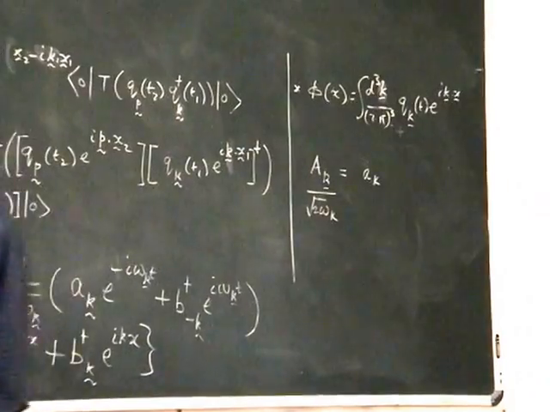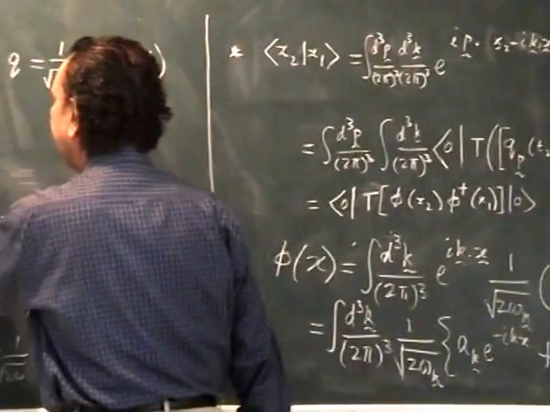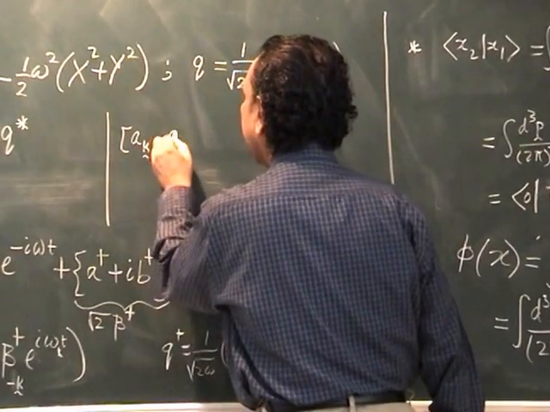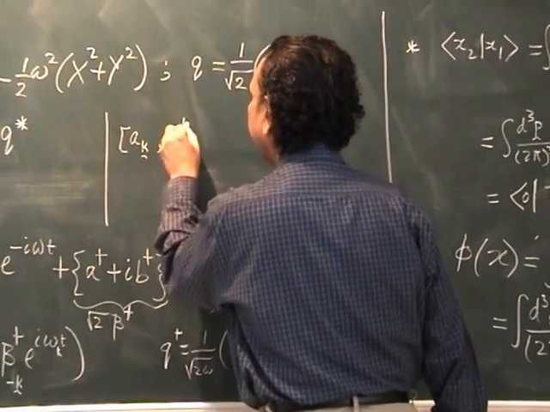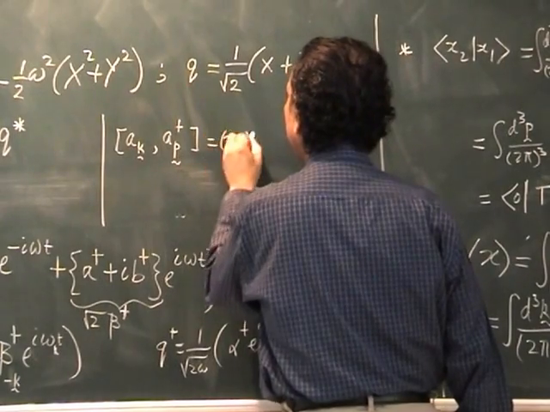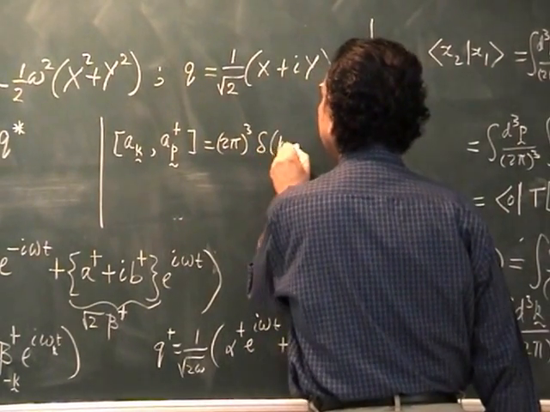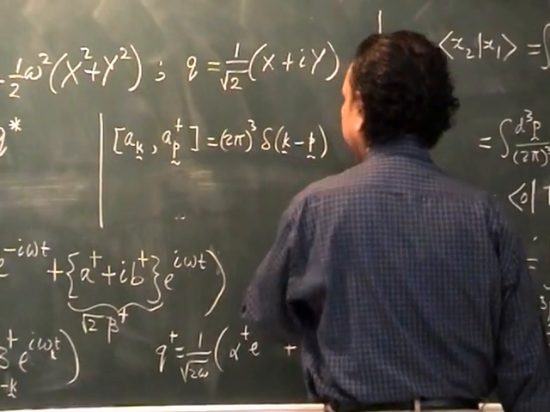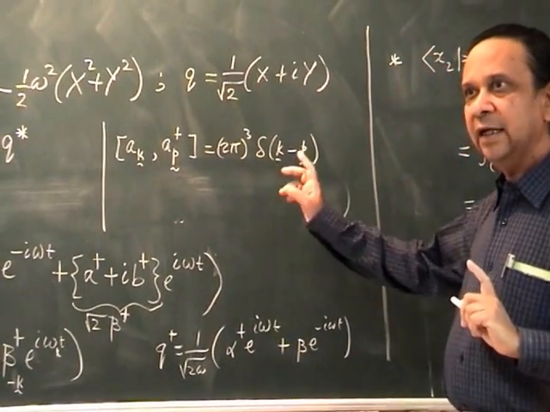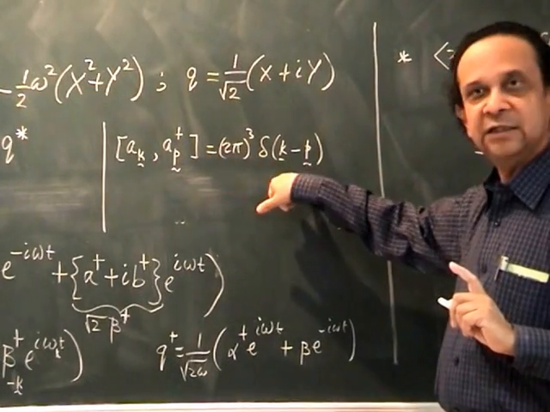I wrote down a computation rule for A_k and A_p dagger: it was (2π)^3 times a delta function of k minus p. It should have alerted you there that these A_k are not fully Lorentz invariant objects because the right hand side is not Lorentz invariant.